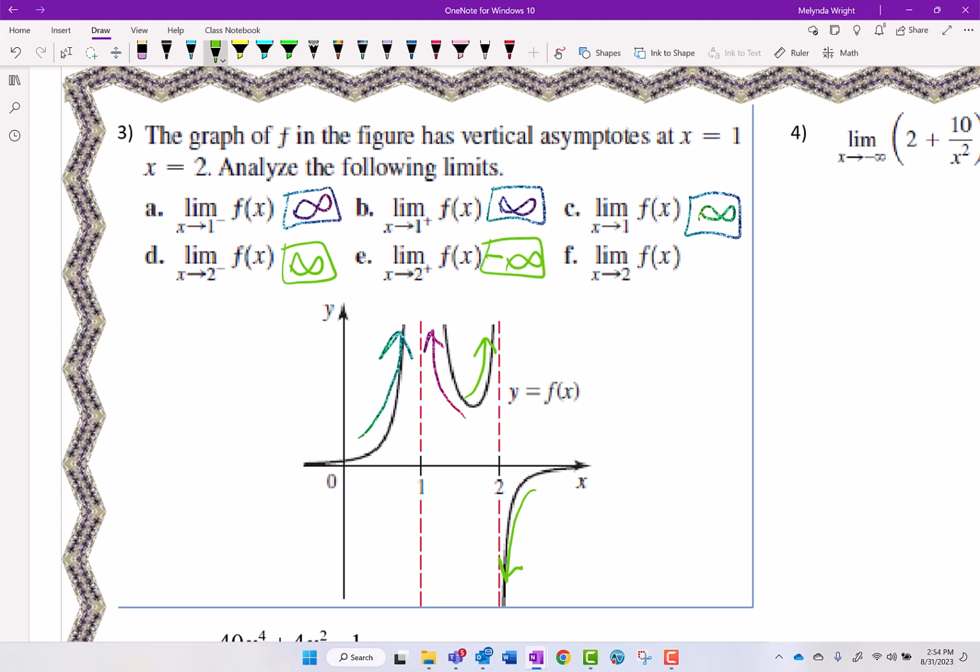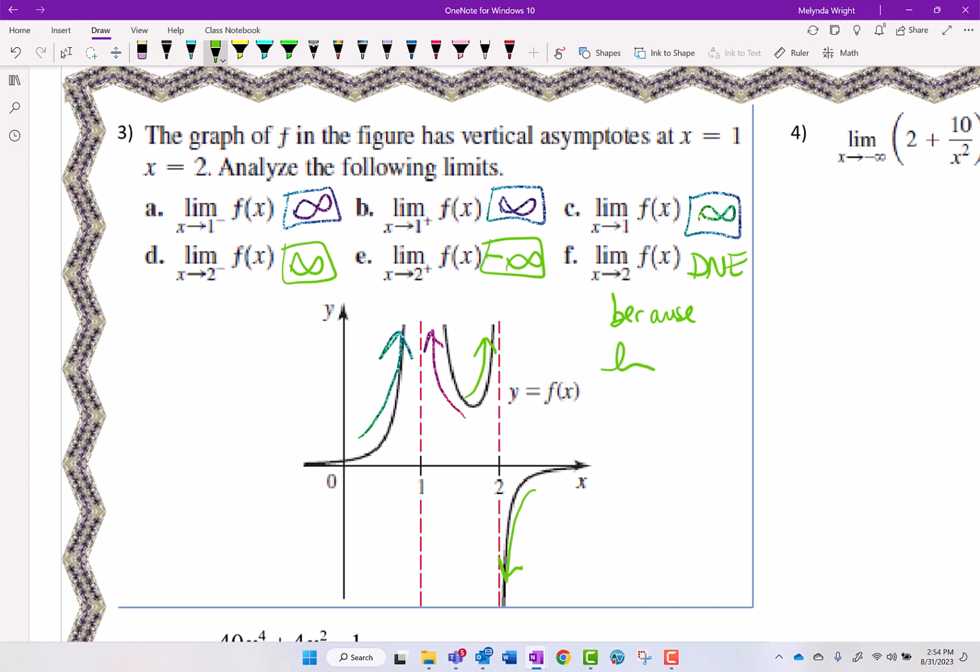So what do we say about this full limit then? Doesn't exist. This one does not exist, and please don't ever say does not exist without saying why. Does not exist because what? The left side limit and the right side limit don't equal. Yeah, you could actually just say that.